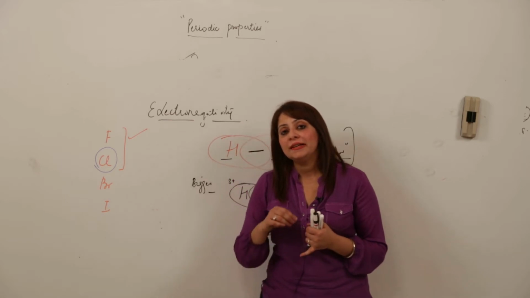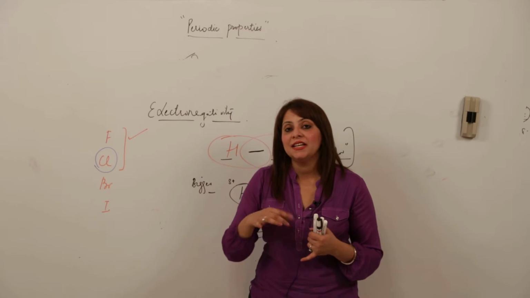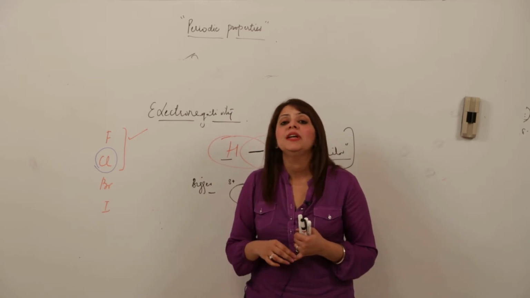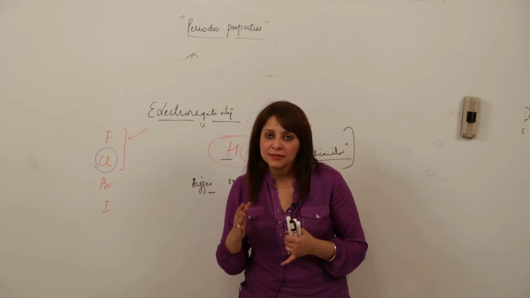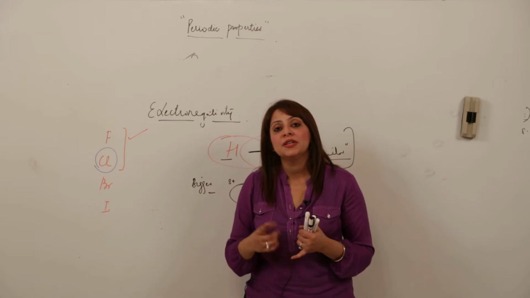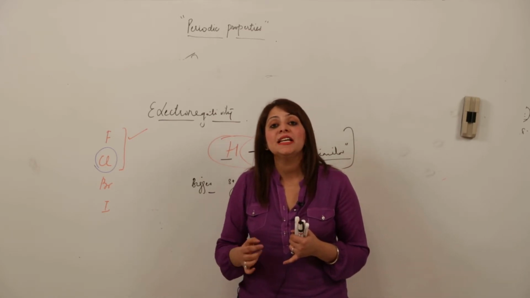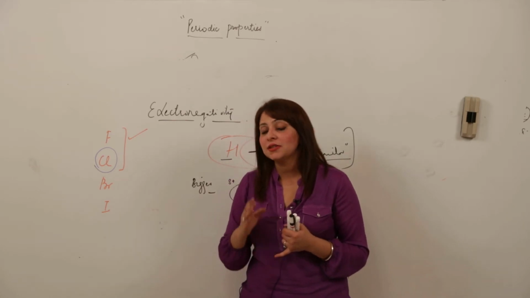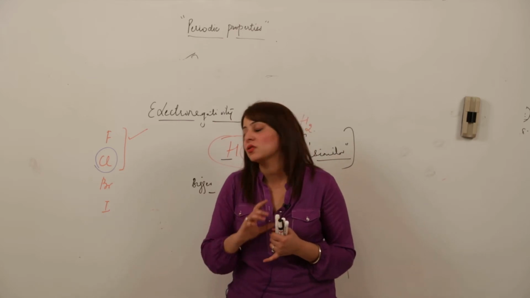So the definition clearly states the amount of energy required to remove an electron from the outermost shell of an atom when it is in gaseous state. Similarly, electron affinity is the amount of energy released when an electron is added to the outermost shell of an atom when it is in gaseous state. Just keep in mind that the words gaseous state are very important and should be there in your definition.